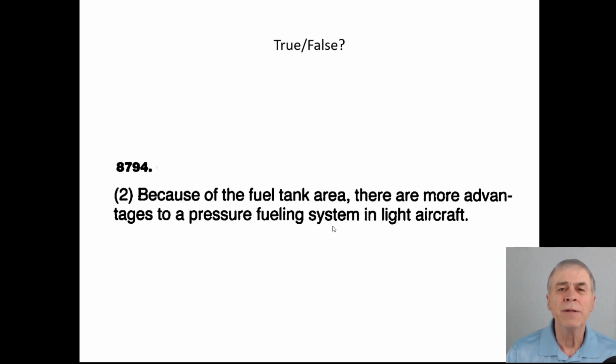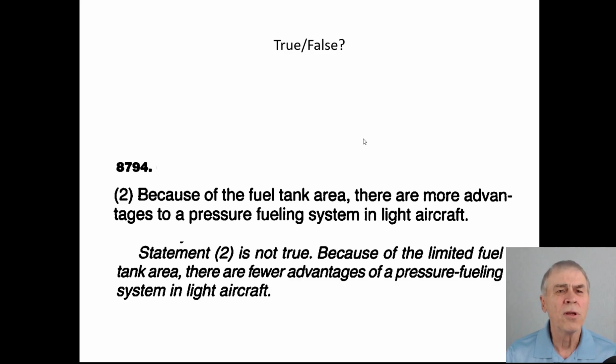That's why you don't find them in the small aircraft. They're all above the wing, which we cover in our next presentation. So this one I would say is false. Because of the limited fuel tank area, you would fill it up so quick. There are fewer advantages of a pressure fueling system than in light aircraft.